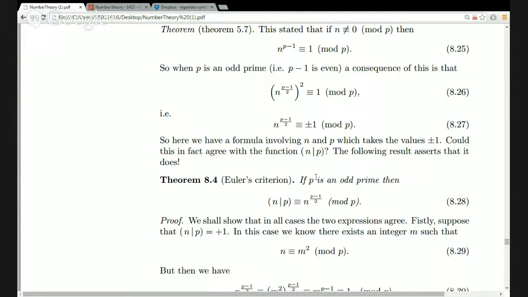Now, how many solutions did we find to this? How many quadratic residues are there? P minus 1 over 2. So we found solutions, p minus 1 over 2 of them, to this polynomial congruence. Are there any other solutions to this polynomial congruence then?